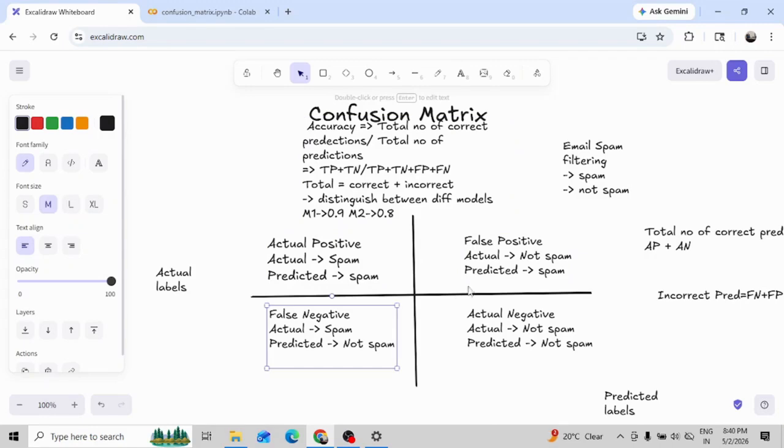Here I told you about false positive and false negative. It is simple, and you should go through it once again. I used email spam filtering as an example and explained the meaning of all these four terms. I also talked about the total number of correct predictions, which are the actual positive and actual negative, and the incorrect predictions, which are the false positive and false negative. So this was all about it.